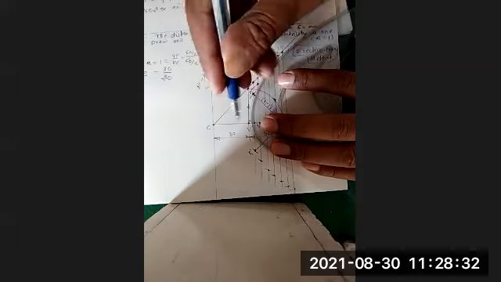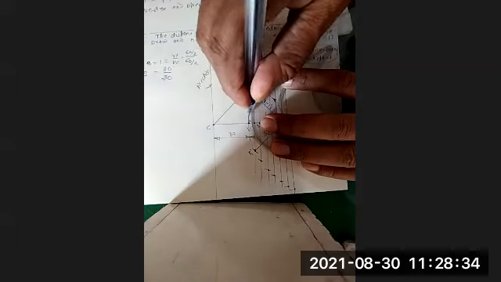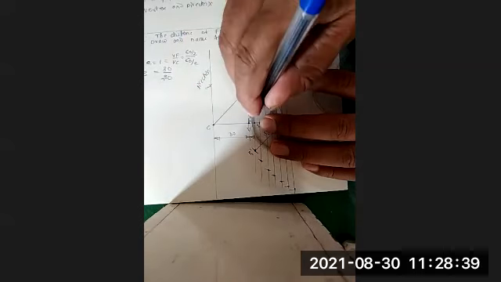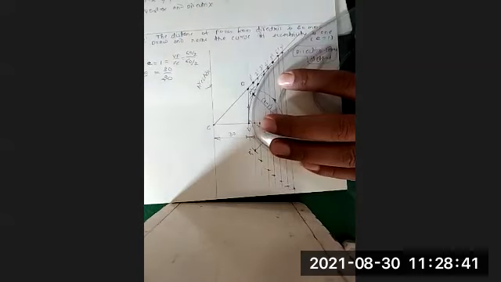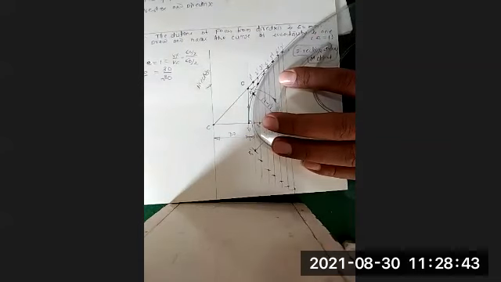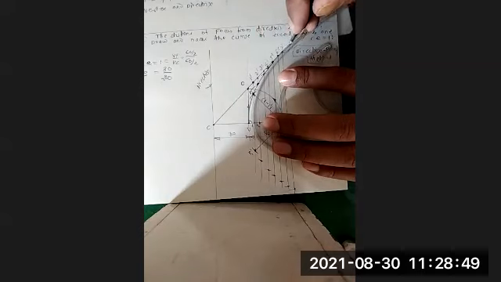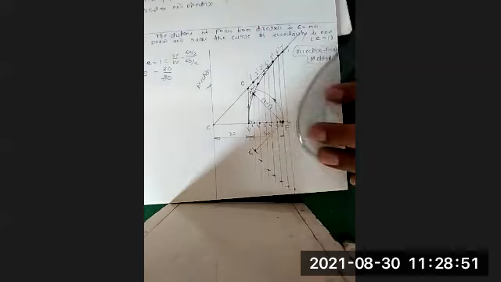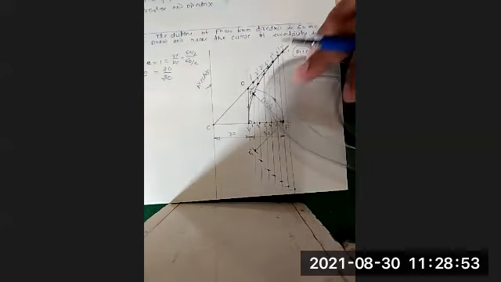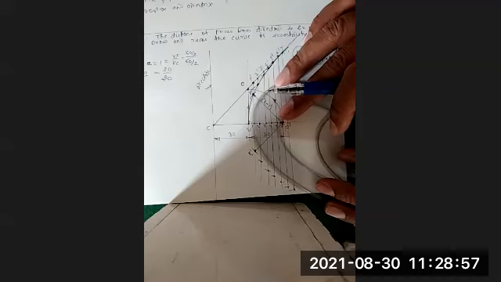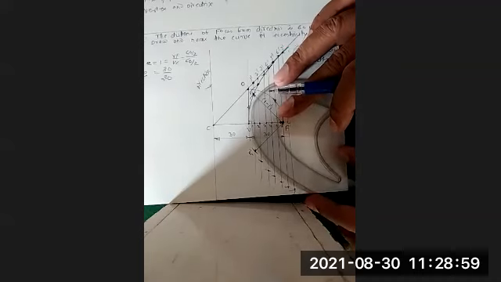So you can set it with the profile of the French curve, and for the remaining, again make sure that minimum 3 points you will get in one. So in this way you will get the curve. Similarly, for the other side you have to go the same way.